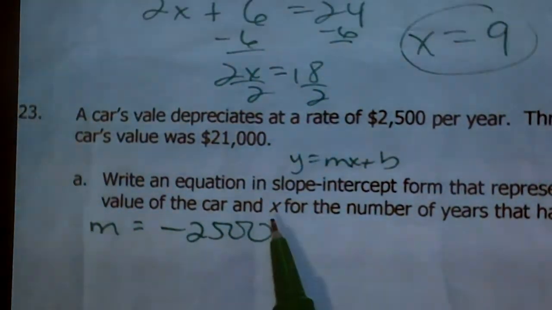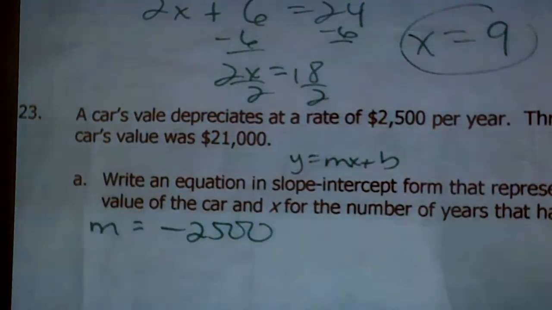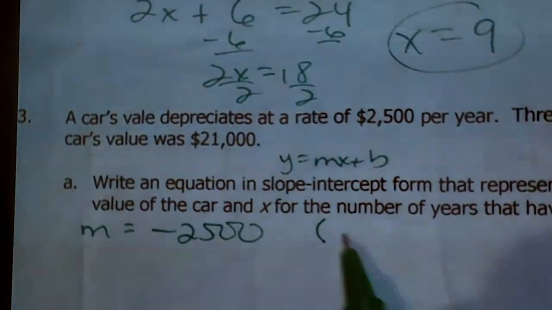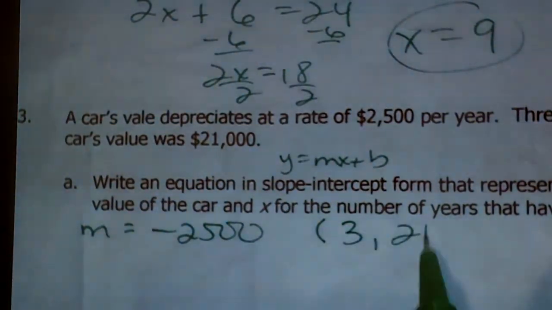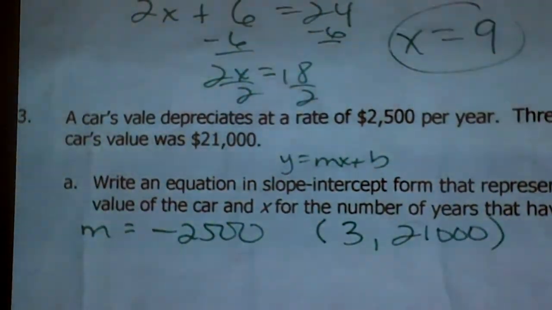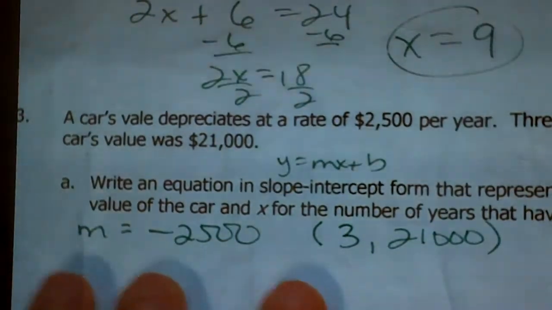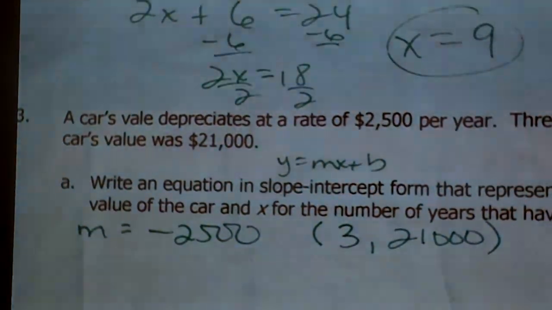And I say here that x represents the number of years and y represents the total value. So what I gave you was an ordered pair, which is (3, 21,000). So right there, we have a point and we have the slope. You can plug into your point slope form and then we can rearrange it.